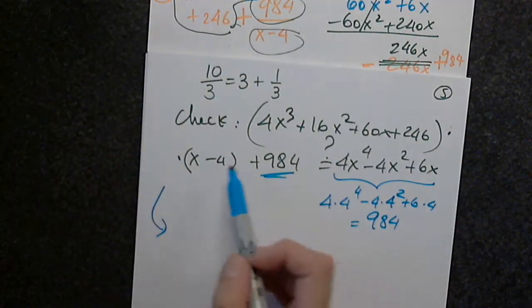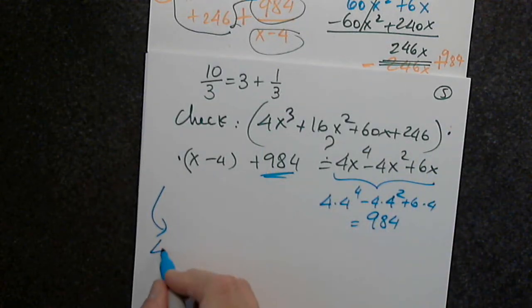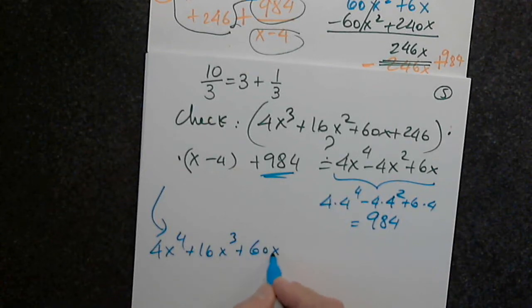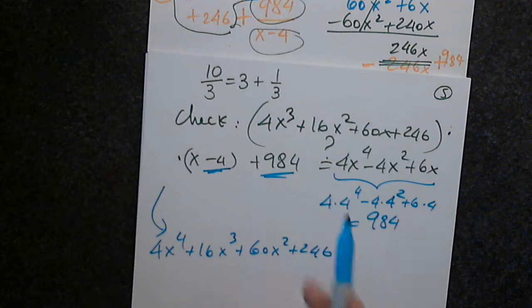So I'm going to multiply x by these 4 terms. That's easy enough. So 4x to the 4th plus 16x cubed plus 60x squared and plus 246x. And now I have to multiply everything by negative 4.